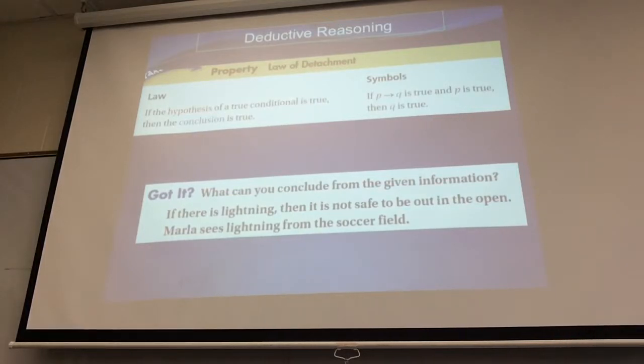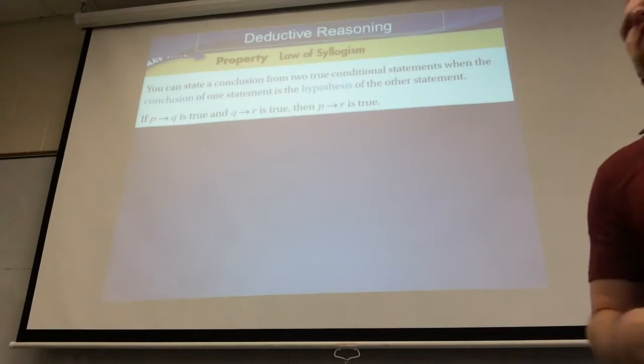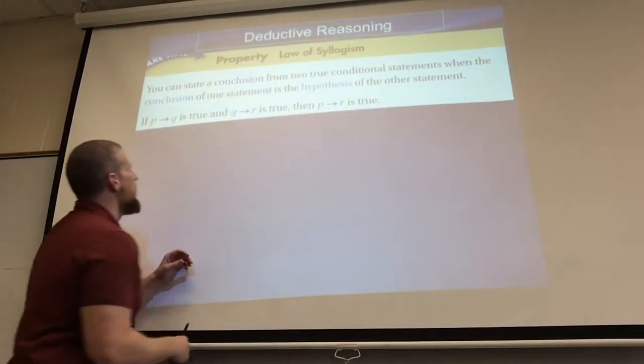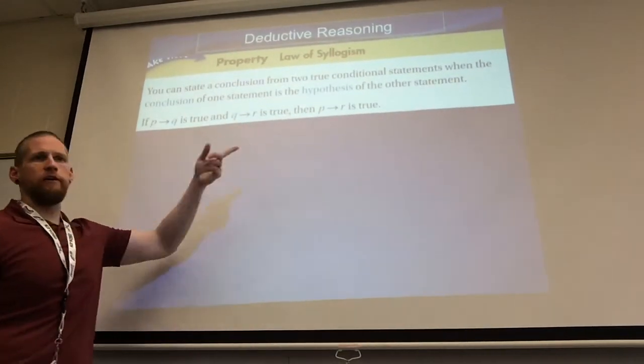Okay? All right. The other law is something where you have to have two conditional statements given to you. So what's going to happen with this one is they're going to give you a conditional here, and they're going to give you another one here.